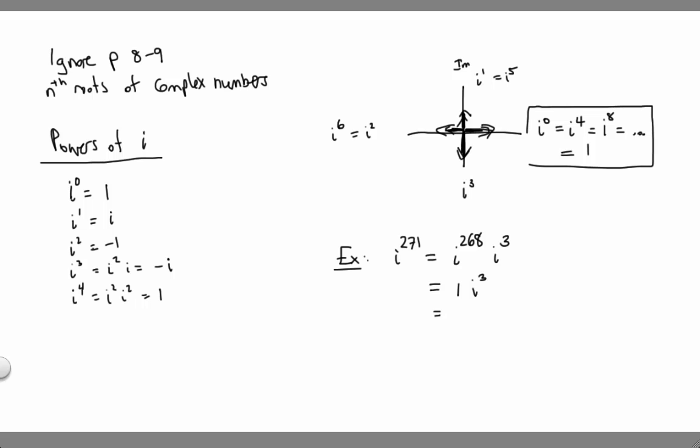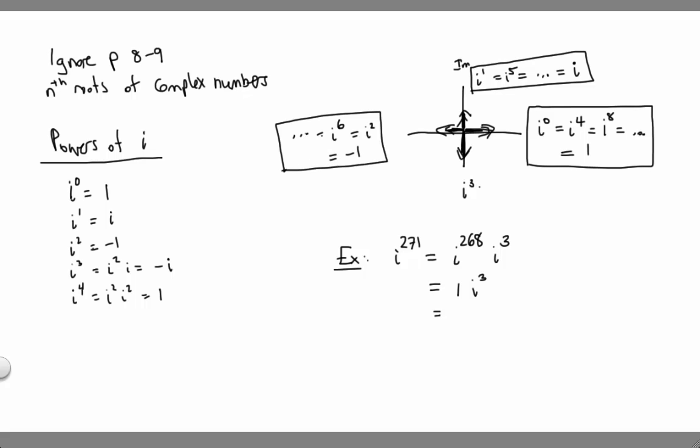That's the simplification. i to the 1, i to the 5th, etc., all better expressed as i. i squared, i to the 6th, etc., all better expressed as -1. And i cubed, i to the 7th, etc., all better expressed as -i.